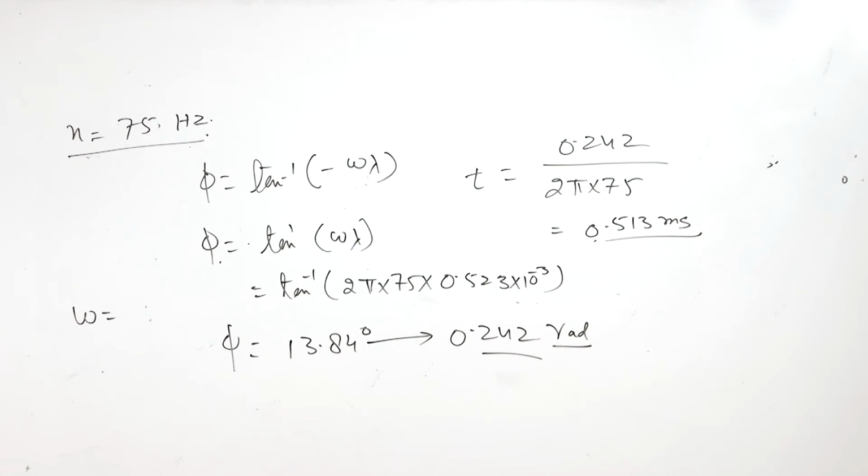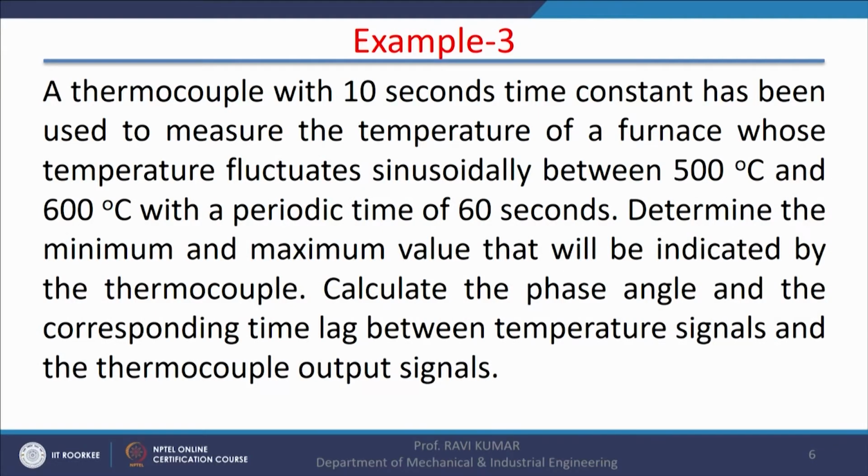We can take another example where a thermocouple is having a time constant of 10 seconds. There is a thermocouple having a time constant of 10 seconds, used to measure the temperature of a furnace whose temperature fluctuates sinusoidally between 500 degrees centigrade and 600 degrees centigrade.